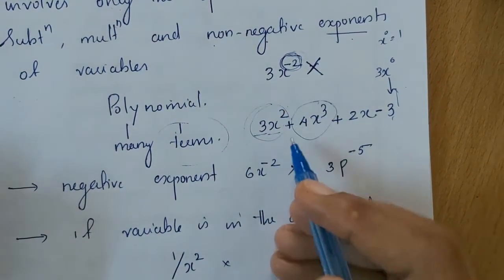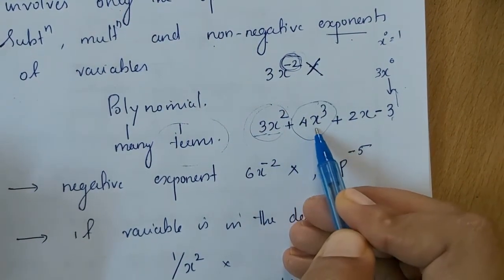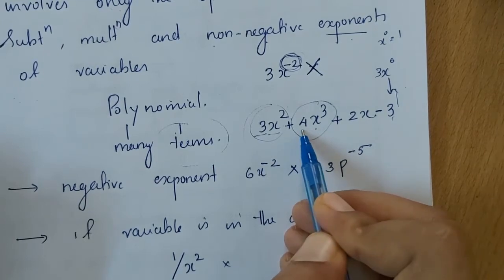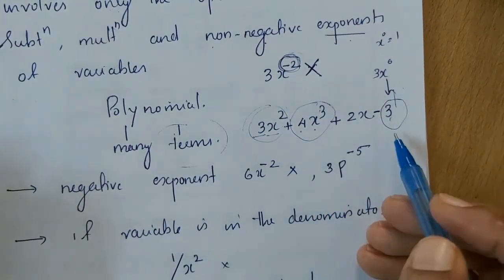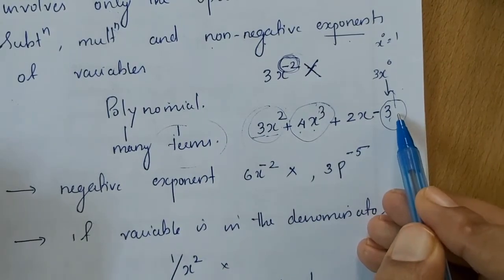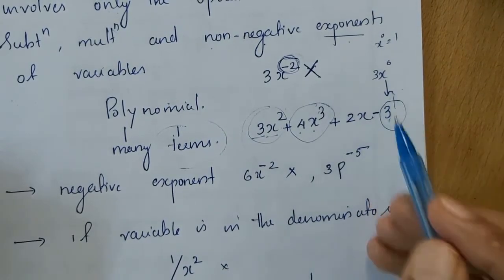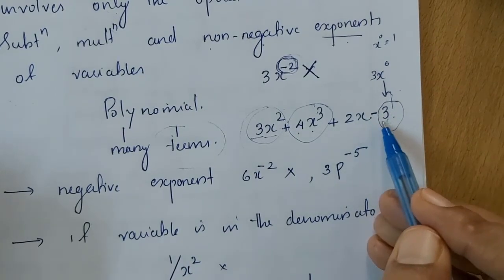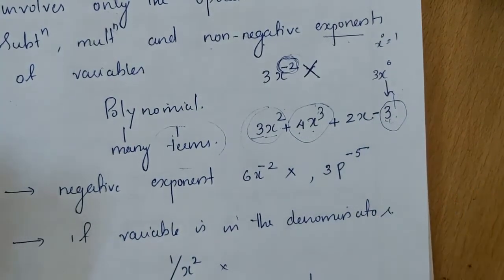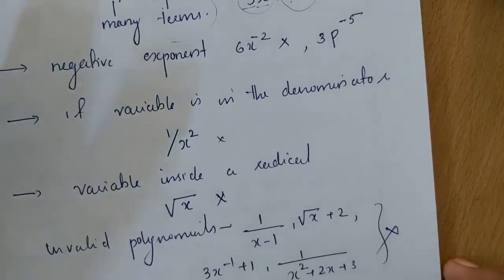Here, the variable is x, coefficient is 4, and the exponent is 3. Here, the variable is x, exponent is 0, and the coefficient is minus 3.